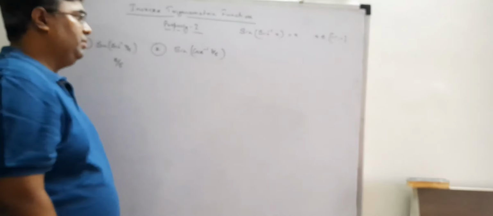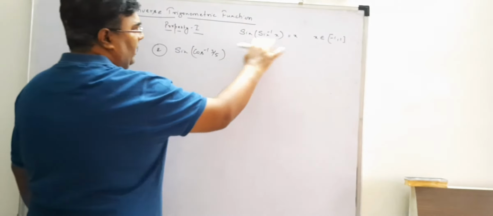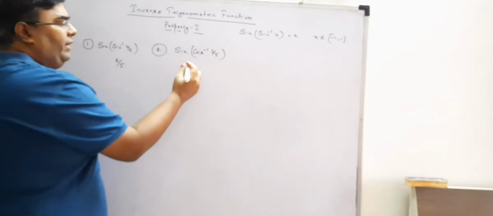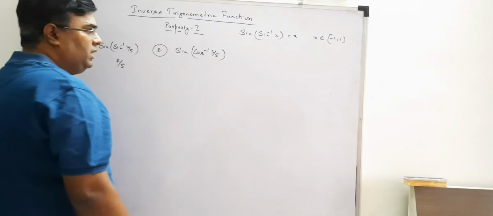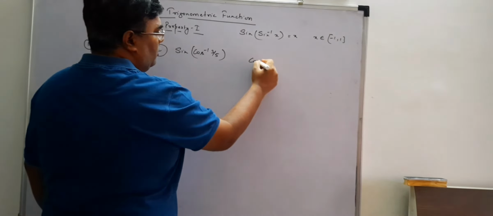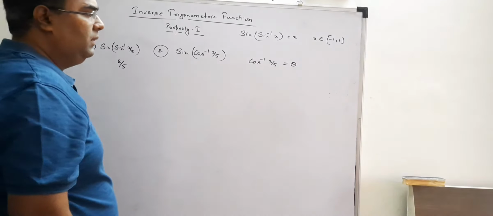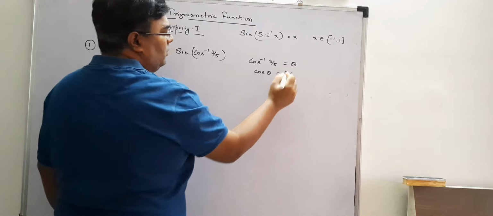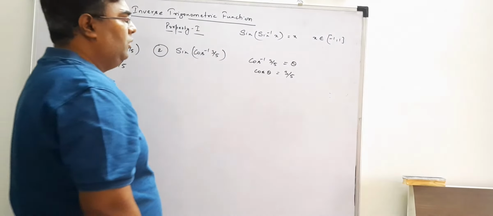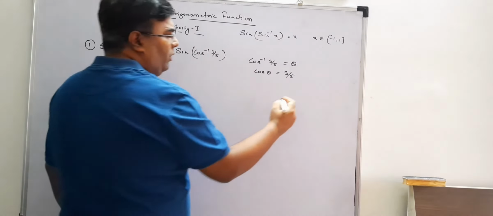Now in the second example I have taken sine of cos inverse 3 by 5. But we don't have any relationship like this. So what do we need to change? We need to change this cos inverse into sine inverse. How to change that? Let us say cos inverse 3 by 5 is equal to theta. Right? So cos theta will be 3 by 5. Now you can use identities of trigonometry, or the Pythagoras theorem.